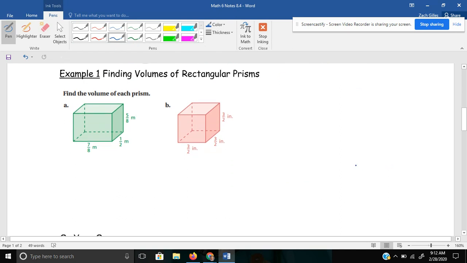Here in letter A, first I'll write my formula. Volume equals length times width times height. Length, I have 7/8 times my width is a half times my height is 5/8. So I'll multiply across. 7 times 1 is 7, times 5 is 35, over 8 times 8 is 64, 64 times 2 would be 128.